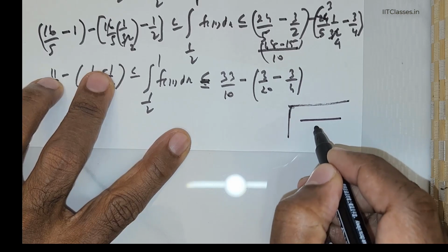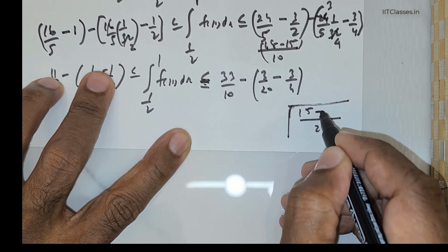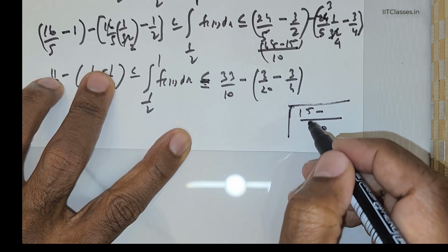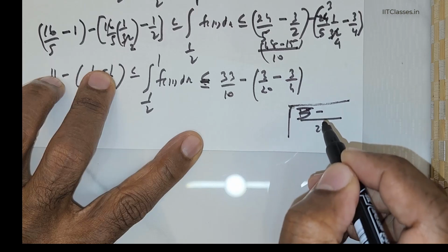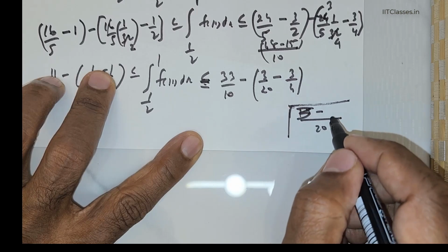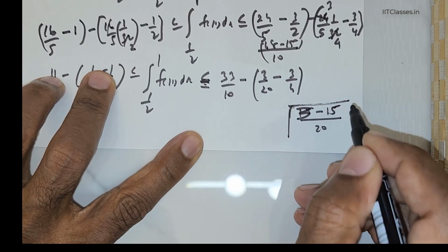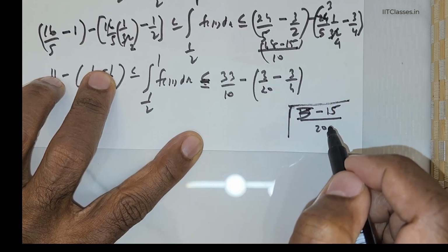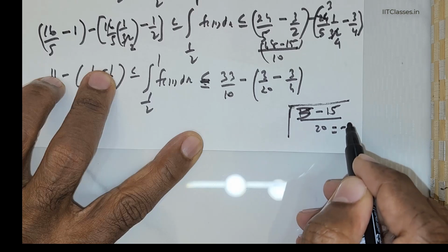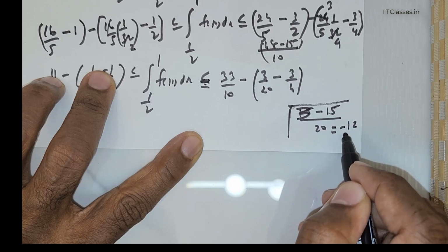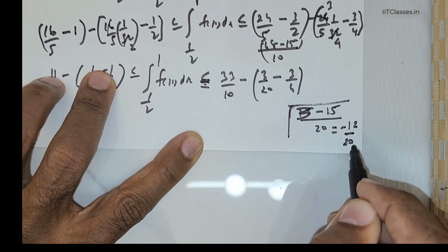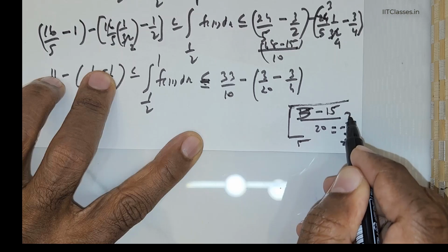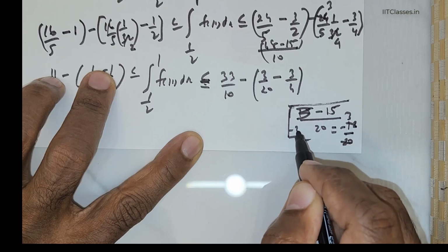Okay, this is going to be, I take 20 as LCM, I get 3, not 15. 3 and 5, 15, right? So if I were to subtract this, it is going to be negative 12 over 20, and 4 divides here 5 times, 4 divides here 3 times, so negative 3 over 5.